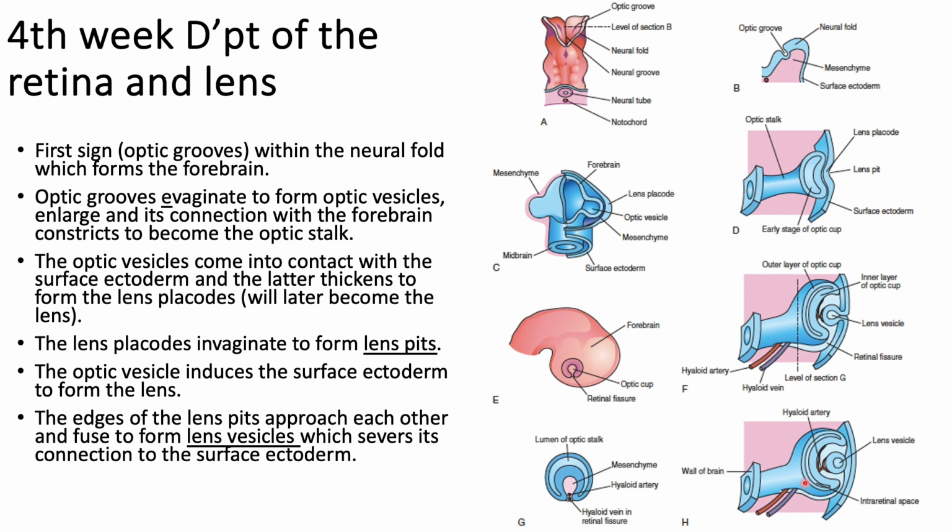Remember when we looked at the eyeball in the first few slides, we mentioned that the retina has two parts, a pigmented portion and then a neural portion. So this is indicative of how the inner layer and then the outer layer contribute to the formation of the neural layer and then the pigmented layer respectively.